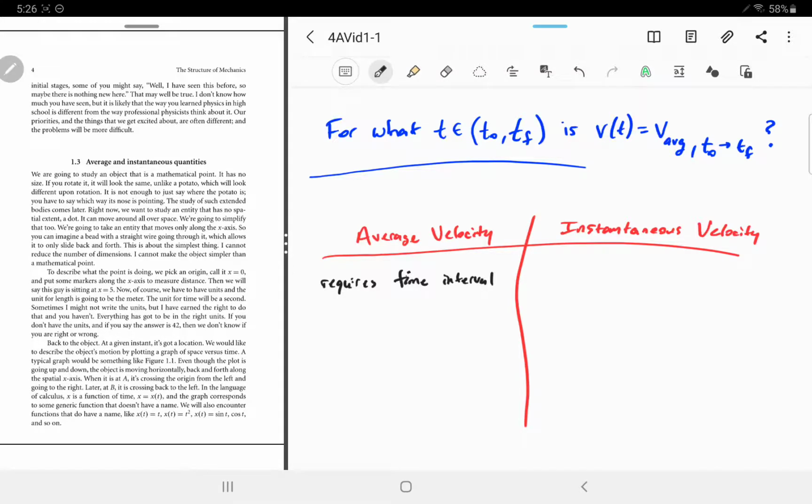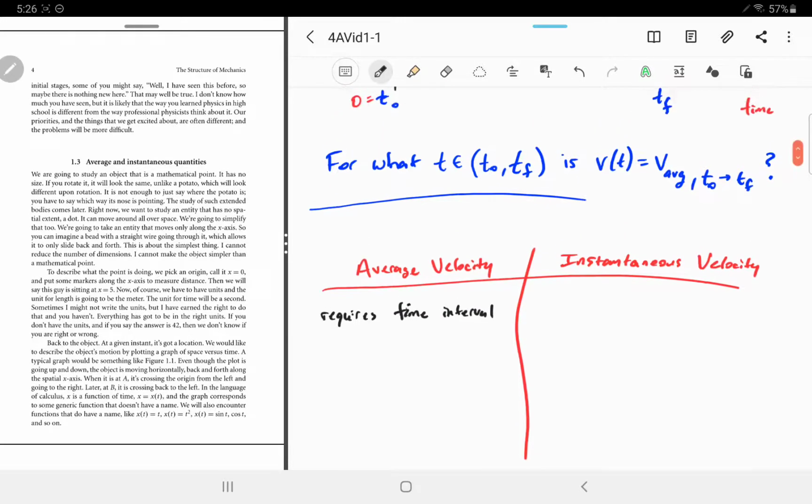Okay, the speed of a car at any one moment is just whatever the needle on the speedometer is saying, right? So instantaneous velocity is not like average velocity in that this is defined for an instant, requires an instant of time. So average velocity requires a time interval, instantaneous velocity requires an instant of time.